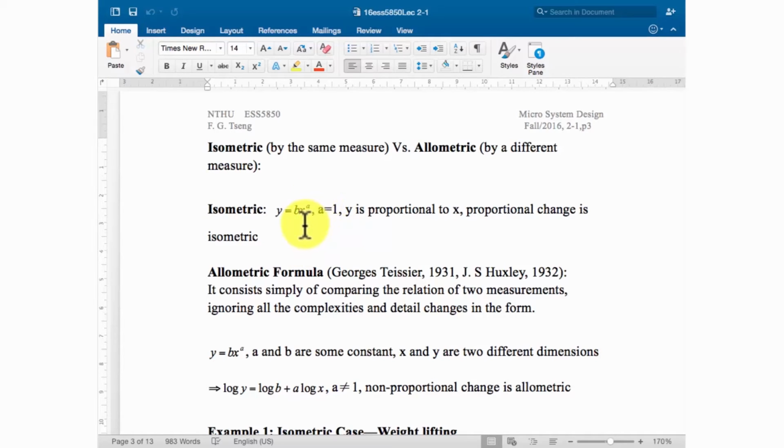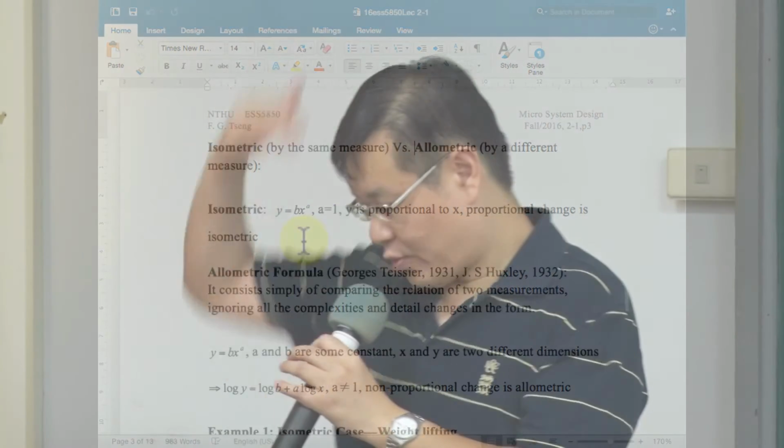However, if a is not equal to 1, that means when you have twice the height, the y dimension, your width, blows up only a third more, 30% more, for example. So you will look thinner, longer, taller and thinner when you blow up to twice your height.